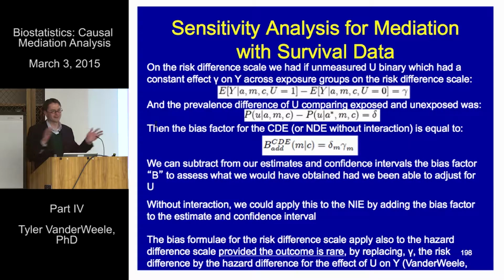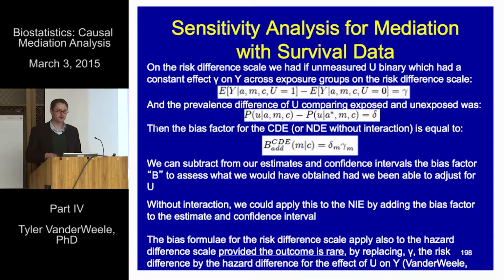But otherwise, everything goes through exactly the same: the same parameter for the prevalence difference of U, the same formula for the bias factor, and to get corrected estimates, we just subtract our bias factor from the estimate and both limits of the confidence interval. Once again, however, even on the hazard difference scale, the sensitivity analysis approach only applies if the outcome's relatively rare at the end of follow-up.